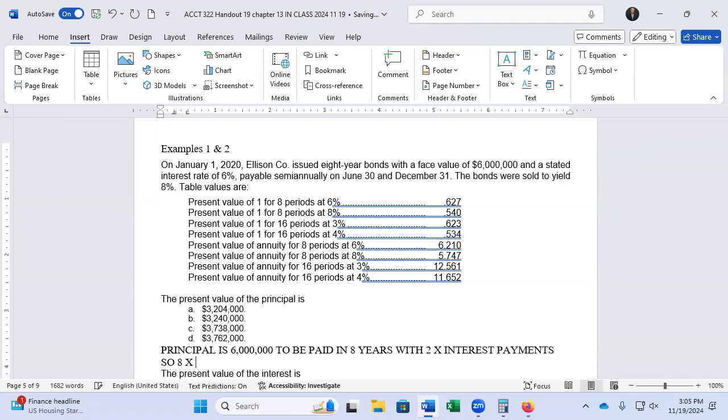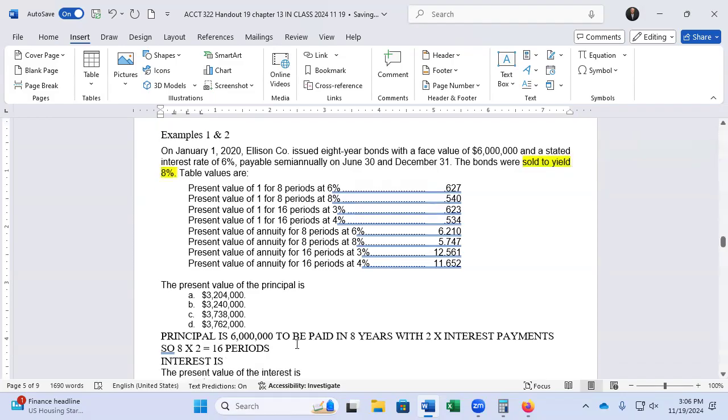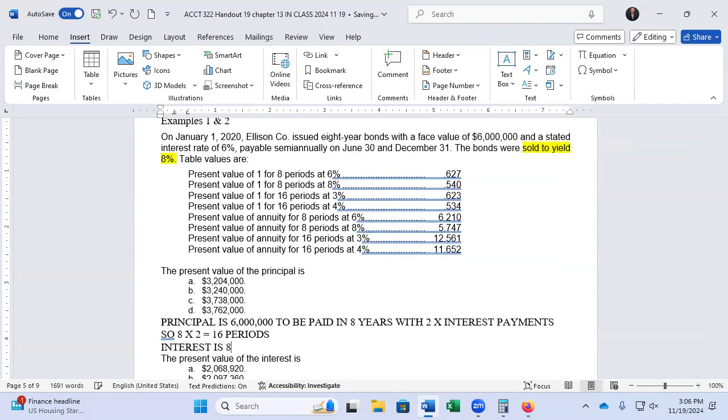So 8 times 2 equals 16 periods. The bonds were sold to yield 8%. So divide by 2 payments, and the interest rate we're going to use is 4%.